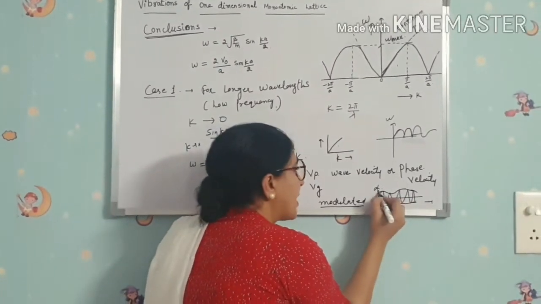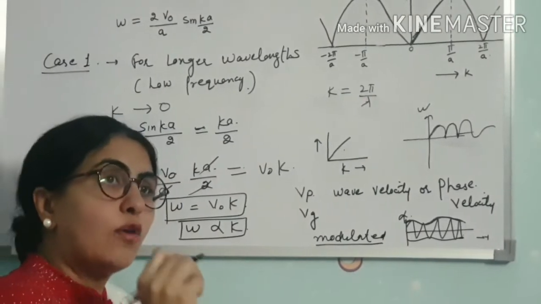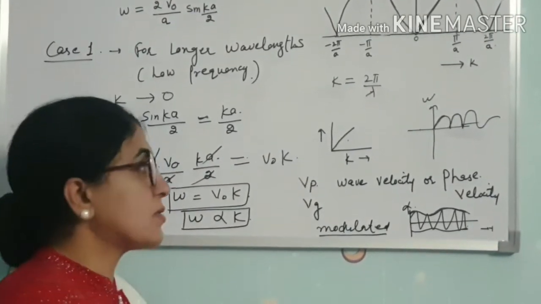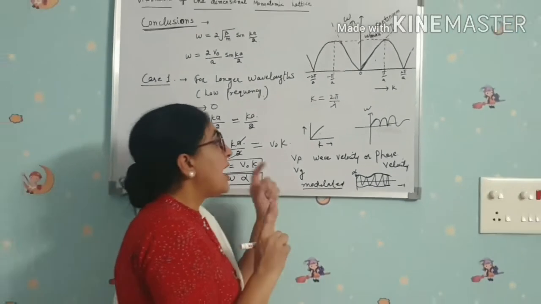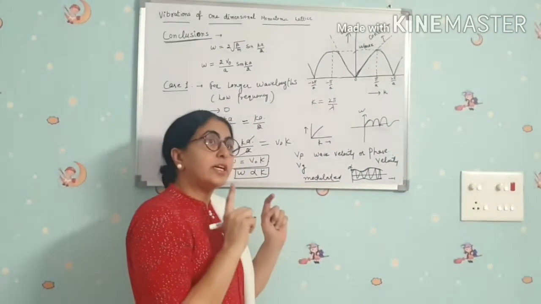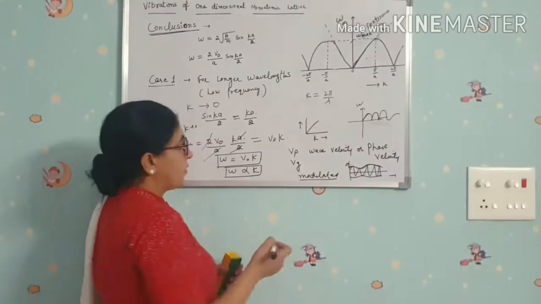This is an envelope. When two waves of different frequencies are superimposed, a modulated wave is formed, and the velocity of the envelope is called the group velocity. Clear?